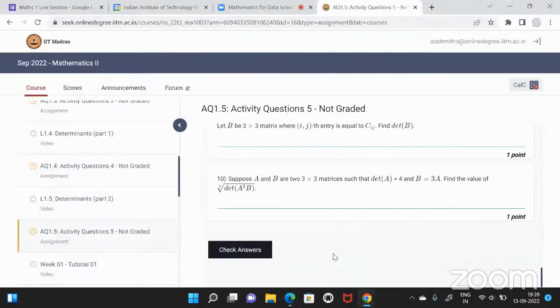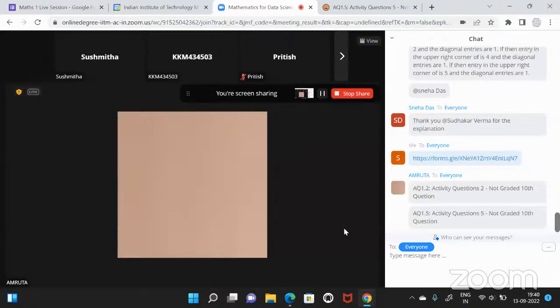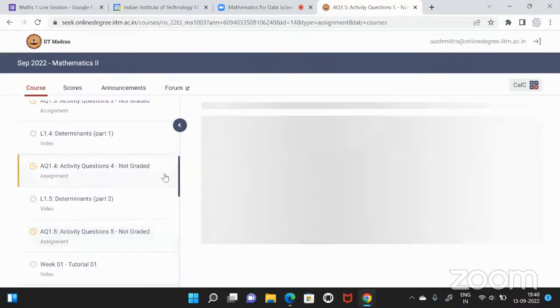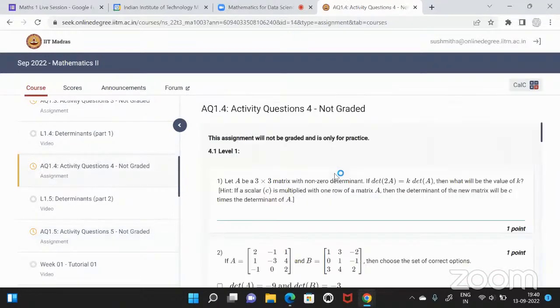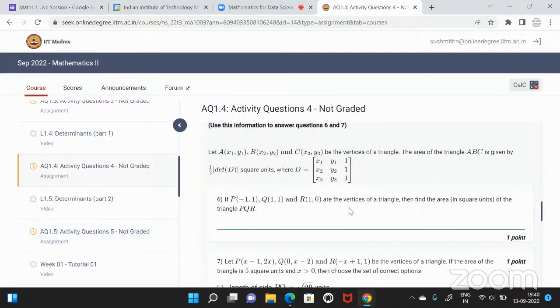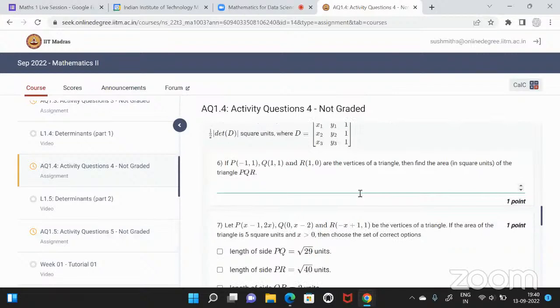Okay, 3 times determinant of A. Any other doubts? There is one problem in the triangles, question 1.4, wherein the three vertices of the triangle are given. The formula is also given. When we substitute it in the formula, we get the determinant as -1, with 1, 1, 1, 1, 0.